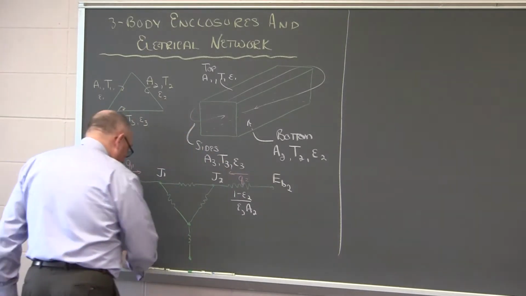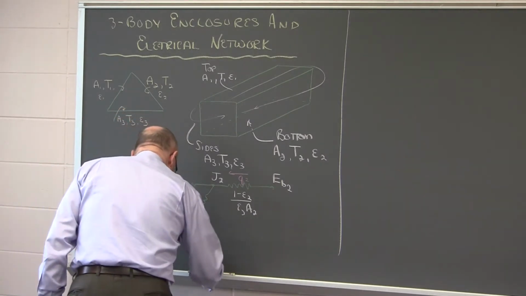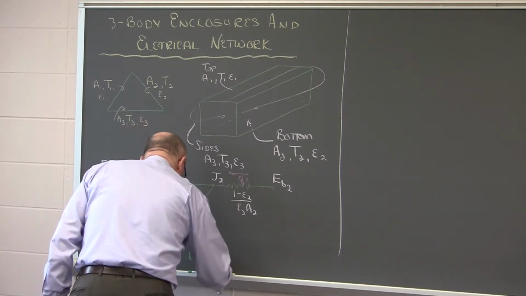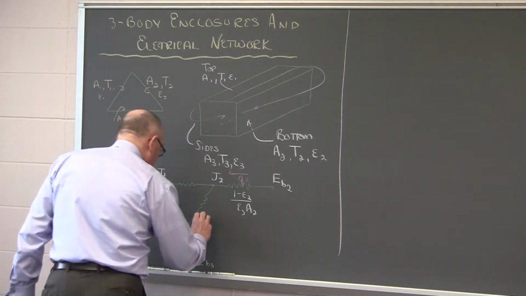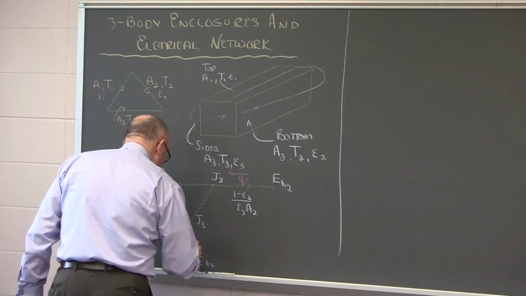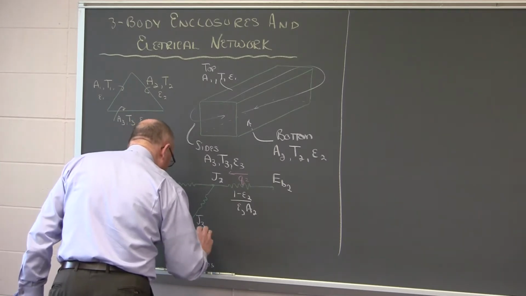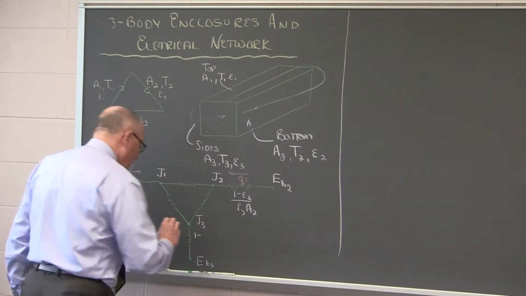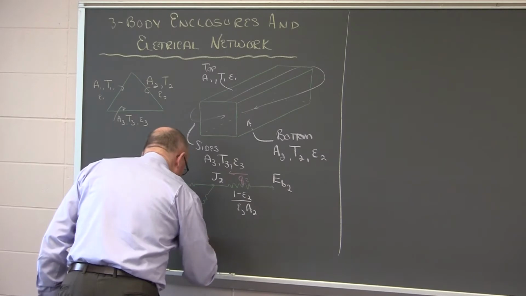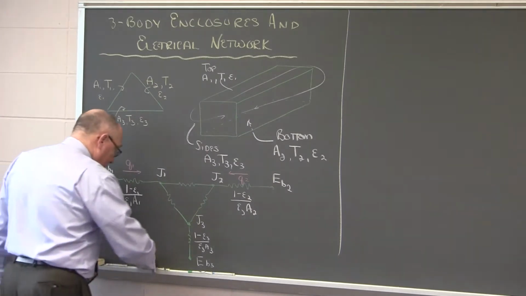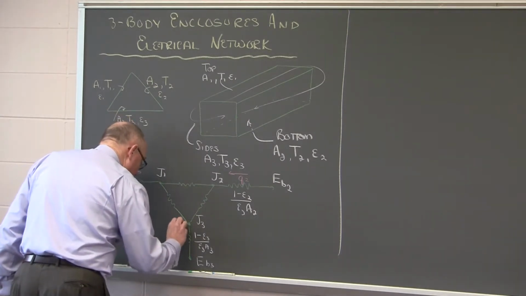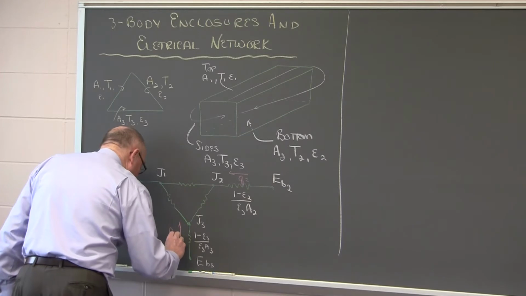Now, down here we would have the black body emissive power at 3. This node would be J3, and the surface resistance would be 1 minus epsilon 3 over epsilon 3 A3, just as we learned in last time's class. Oh, and let me not forget, this would be Q3.